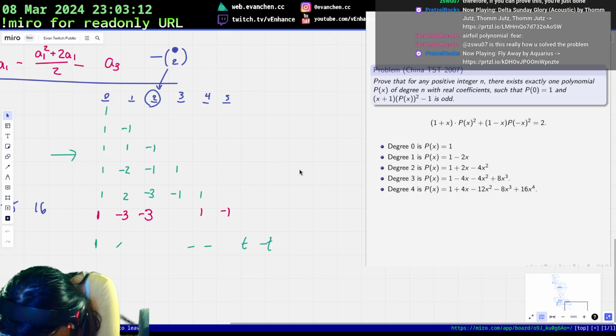Okay, if I believe that, what do I need in order to make this thing sum to 0? Or not sum to... wait, hang on.